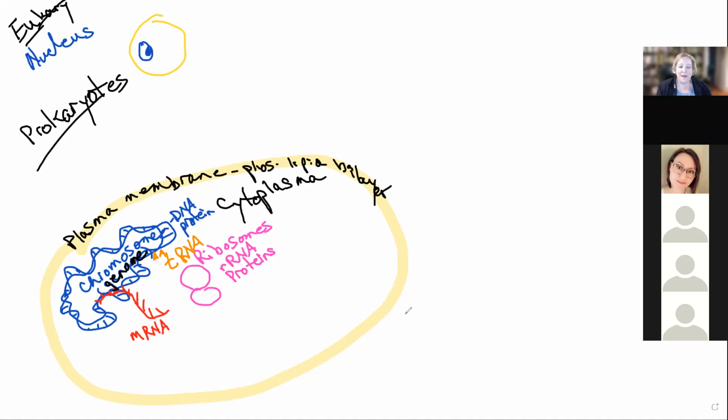Okay. All right. So what is something else that all cells have to have? It relates to the plasma membrane. Protein. Yes, and we have proteins in the plasma membrane.